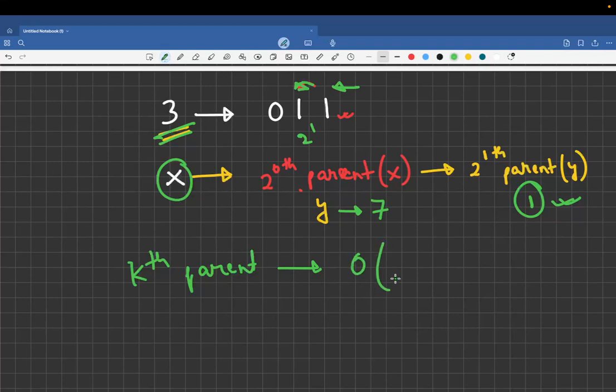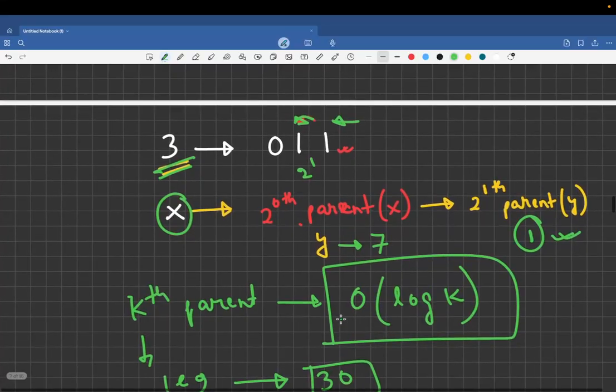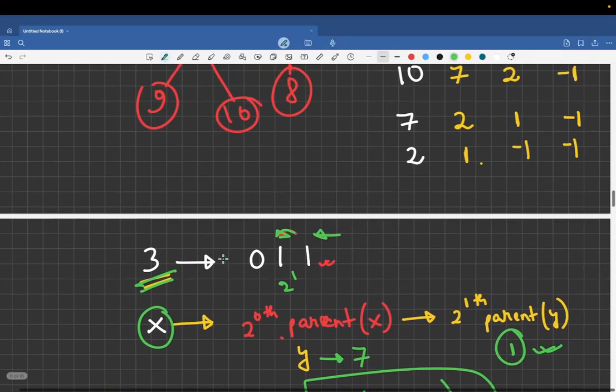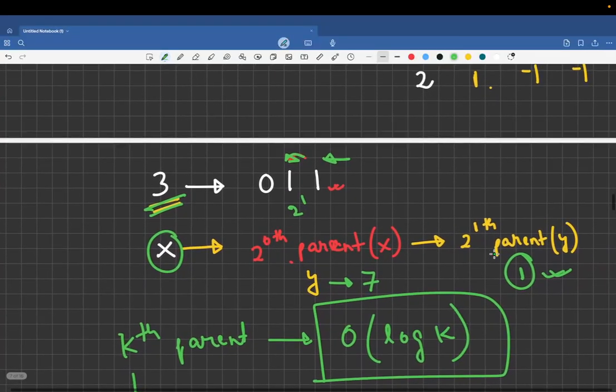In just big O of logarithmic value of k time. And k can maximum go up to 1e9 for this particular case. So definitely in max 30 operations, I can find out what is the kth parent for that particular node.